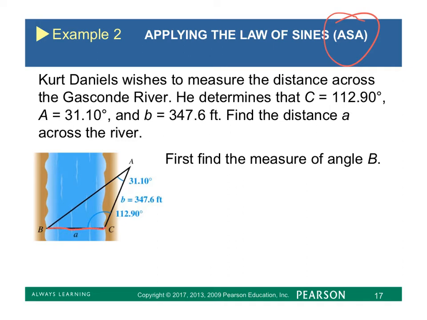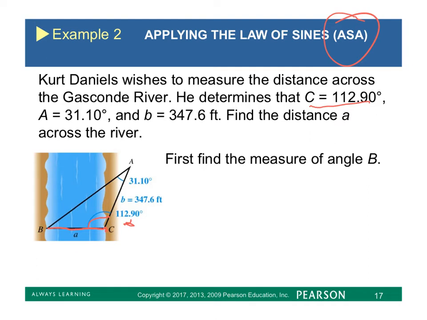He determines that angle C, so he's probably standing over here, and he's using some sort of protractor or a surveyor tool to figure out that, what did he measure across? That was 112 point, I'm sorry, wrong angle. Angle C. Down here, he measures that to be the 112.